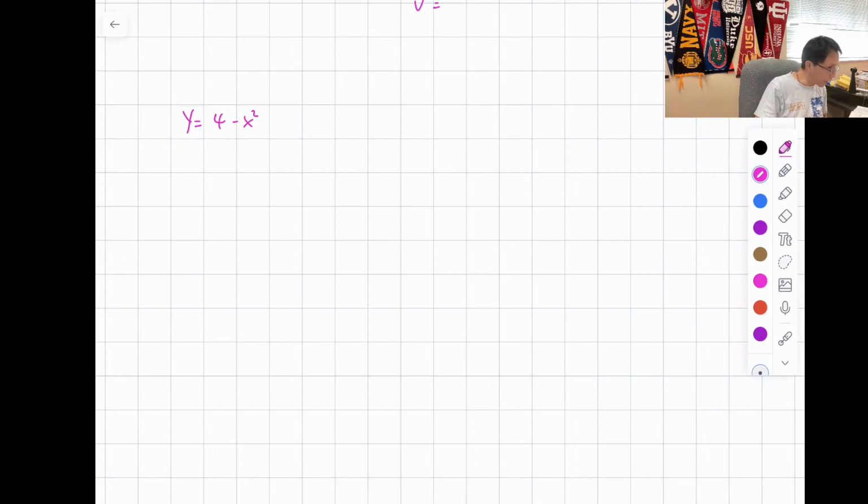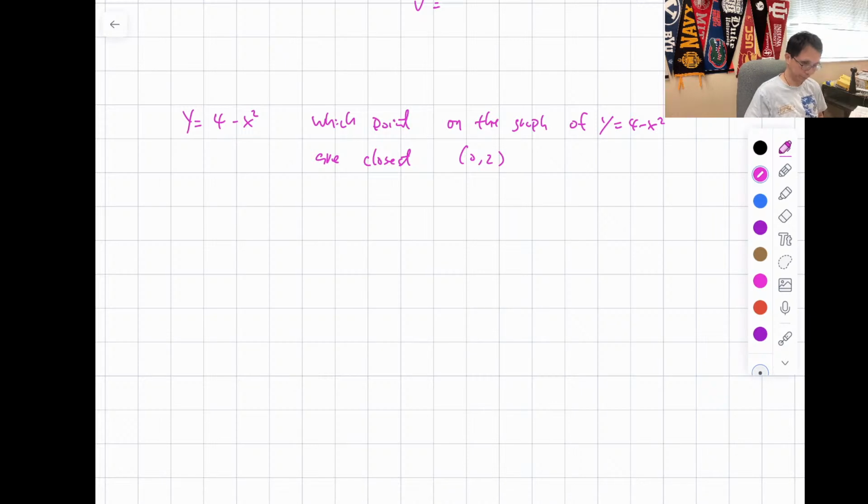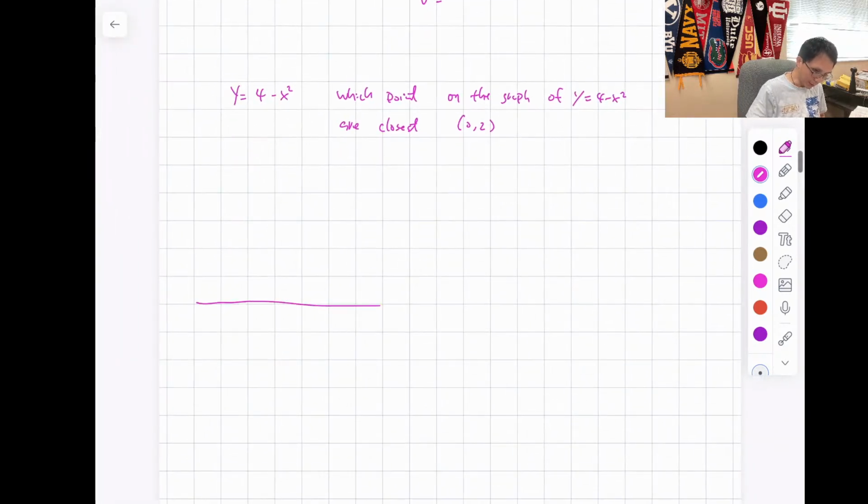And you want to find which point on the graph of y equal to 4 minus x squared is closest to 0 comma 2.